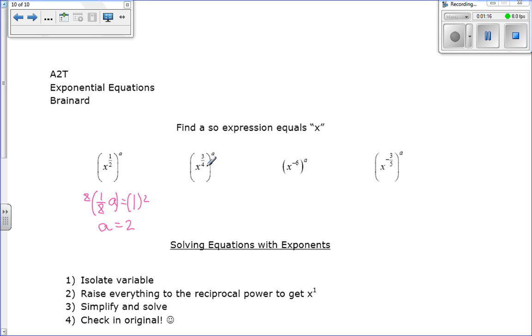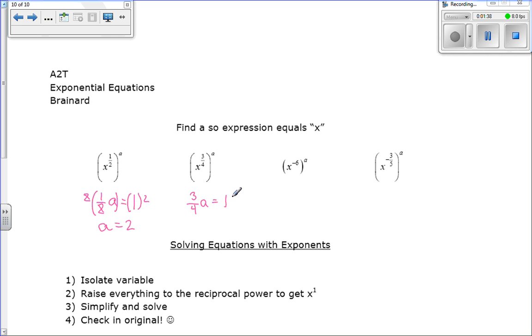I'm going to do the same thing here. I have x to the 3/4 raised to the a power. Since I have a power to a power, I multiply my exponents. So I have 3/4 a equals 1.